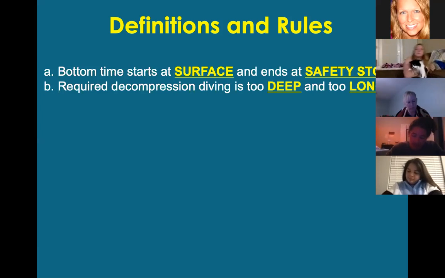Okay, does everybody have this written down as far as we've gotten? It should just be through A. I was about to go over B. B is required decompression diving, which is too deep and too long. That's what happens when you stay at a deep depth for too long.